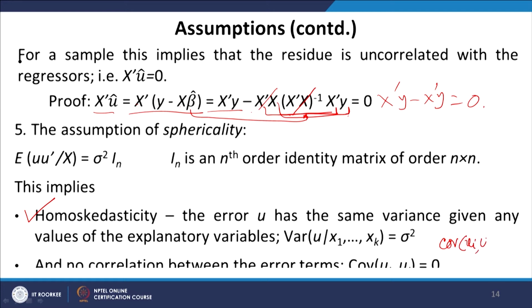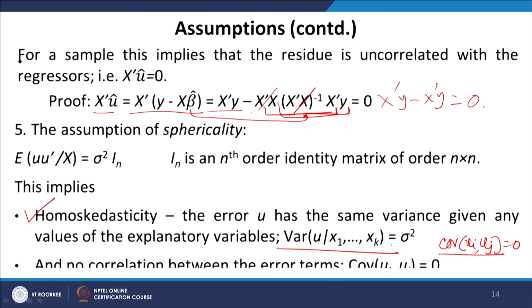Covariance between ui and uj is equal to 0. This is another assumption. So, we do not assume any correlation between the error terms, and we also assume a constant error variance, that is variance of u equals sigma square.